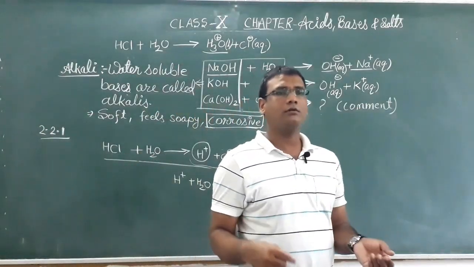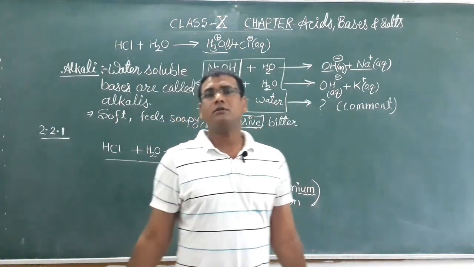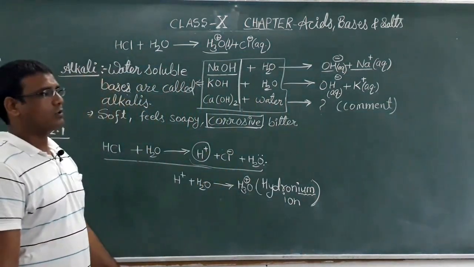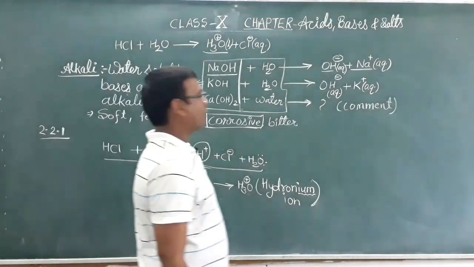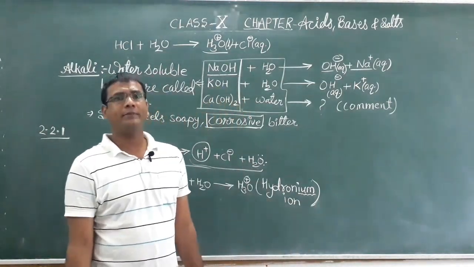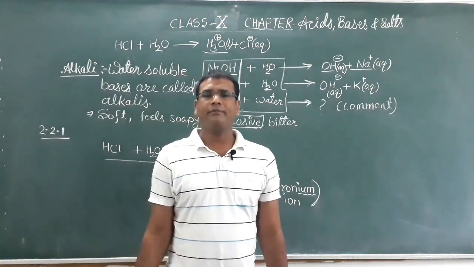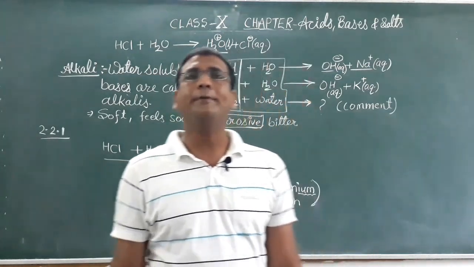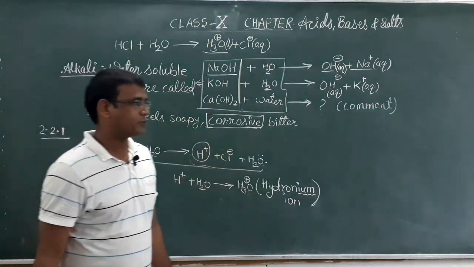If they are dropped on our skin or clothes, they will damage them. Or if they come in contact with some non-living surface, they damage that surface also. You will see in the chemistry lab so many things have been damaged by this corrosion process.